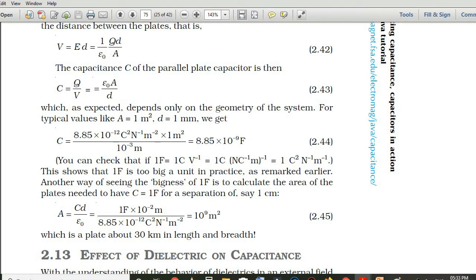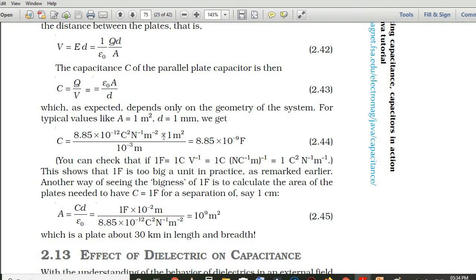Okay, now we shall give some values for it. The values for finding the capacitance as a practice are given in the textbook. Epsilon 0 is 8.85 into 10 raised to minus 12. A is the area of the capacitor. Let the area of the capacitor be 1 meter square. D is the separation between the plates. It is taken as 10 raised to minus 3 meter, which means 1 millimeter.